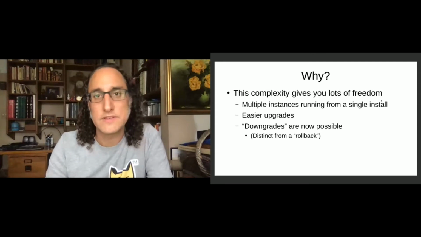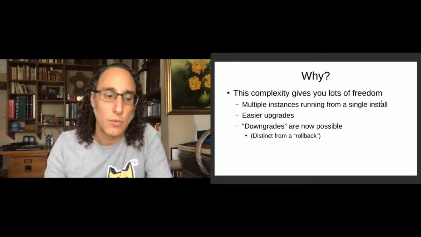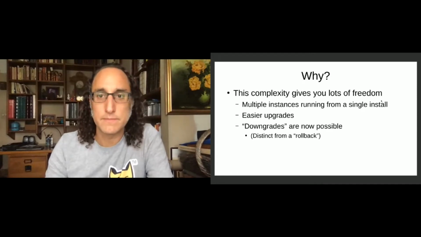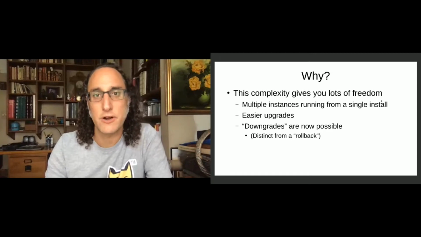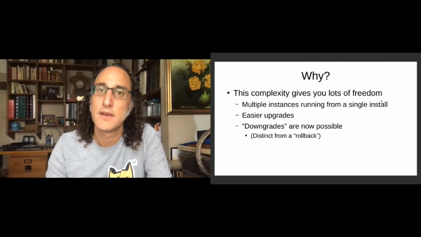So why have these split Catalina home and Catalina base concepts? Well, the complexity gives you a lot of freedom because you can have one Catalina home shared by multiple instances of Tomcat, and then different configurations for each one.